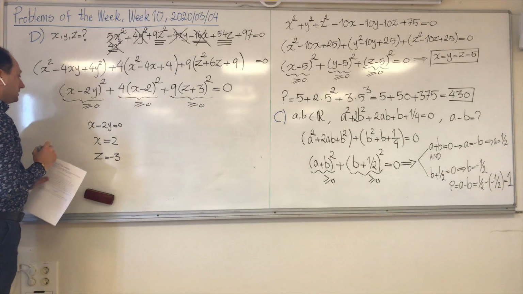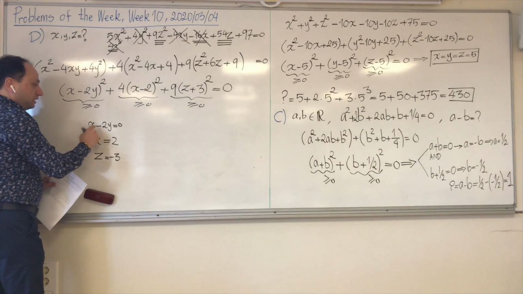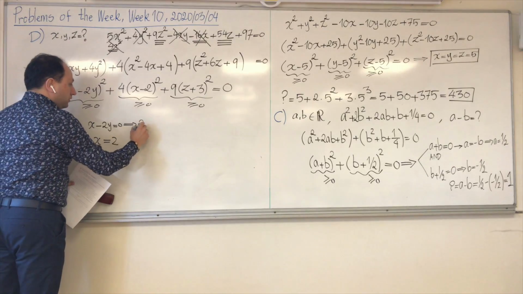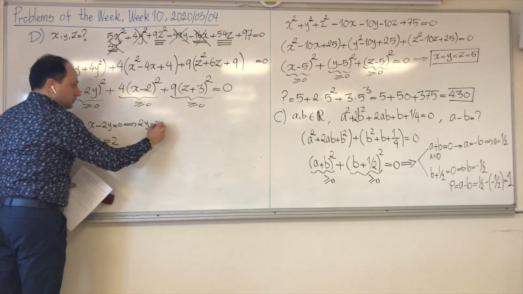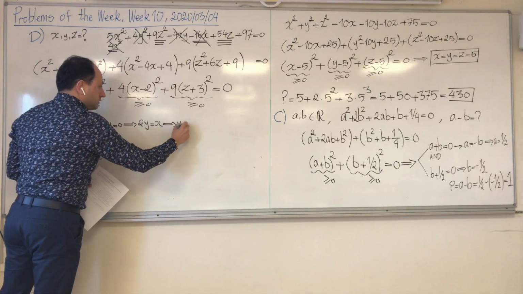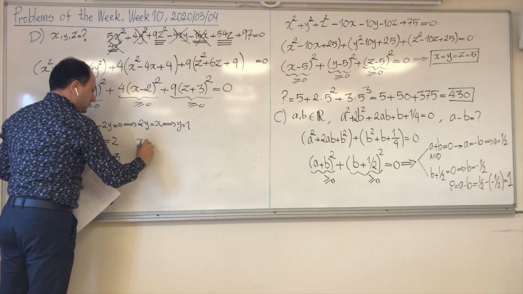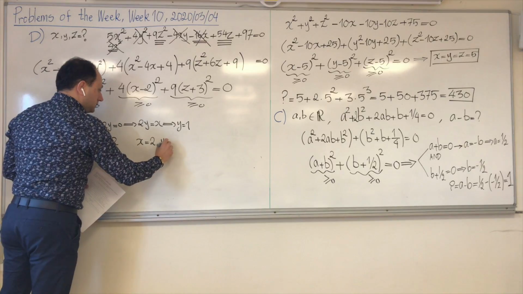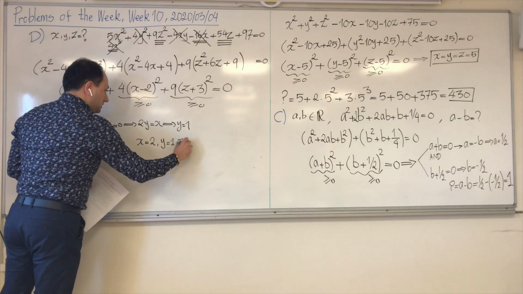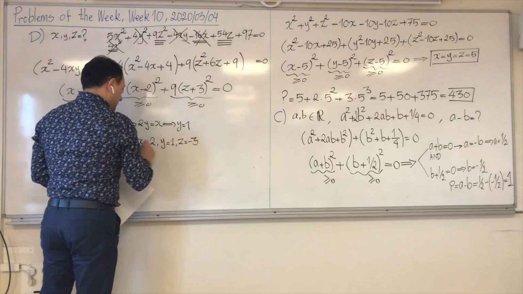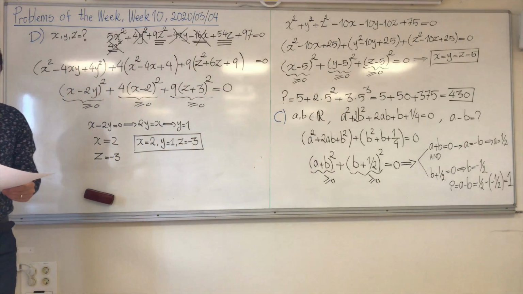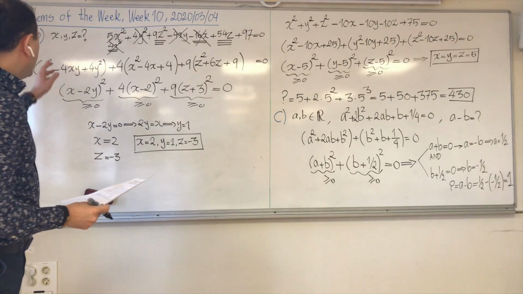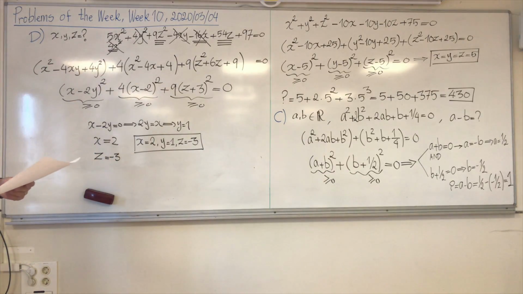Yes, everything is right. And then x is equal to 2 here. Then it means that 2y is equal to x. X is 2, 2y is equal to x. So y is equal to 1. So my answer is x equal to 2, y is equal to 1, and z is equal to minus 3. So these are the numbers that you're supposed to get for question number D. Okay?